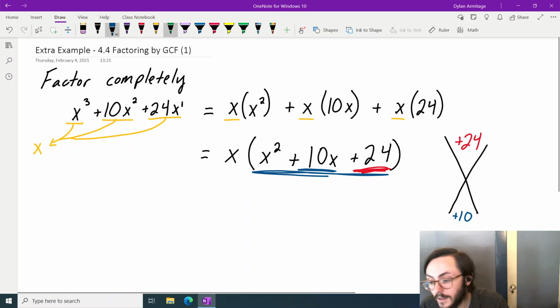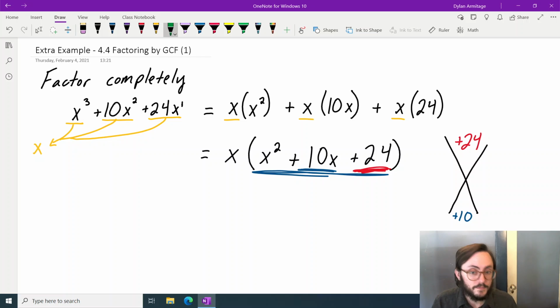Now, I think it can be obvious that this would be plus 6 and plus 4. Right? Positive 6, positive 4. 6 plus 4 is 10. 6 times 4 is 24. Works out.